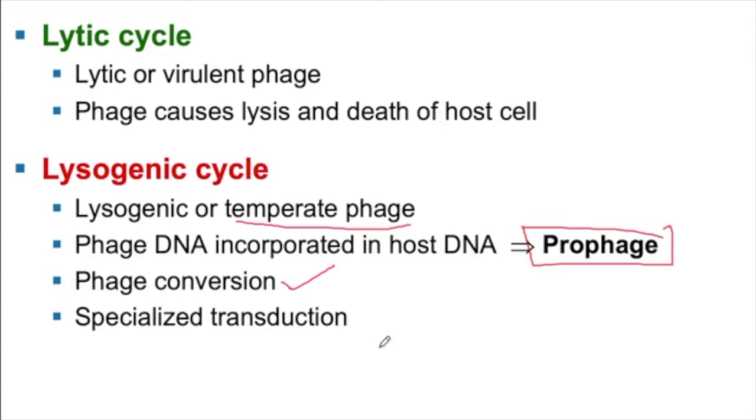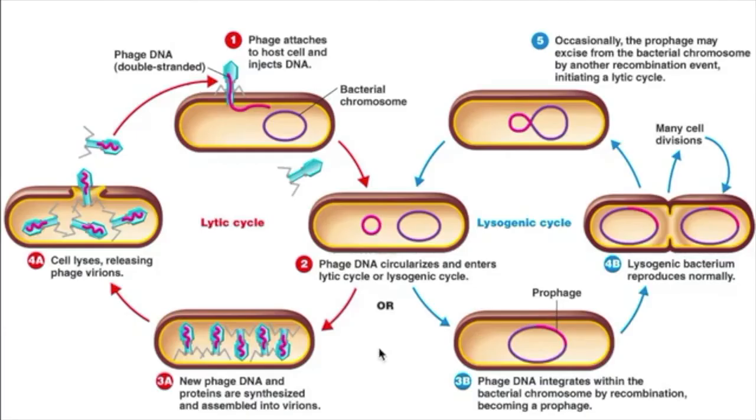Then you have the specialized transduction, where as the virus is excising itself, taking out its genetic components from the bacteria, it takes extra components of the genes of the bacteria, incorporates them into its DNA, and then it's covered in its capsid. So that's a specialized transduction.